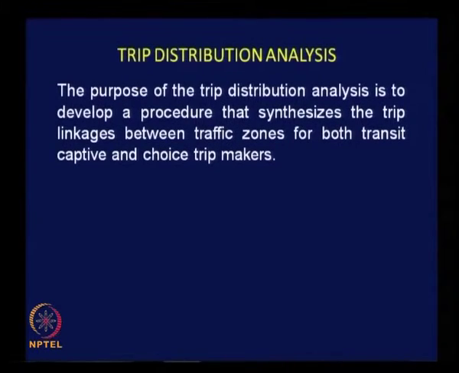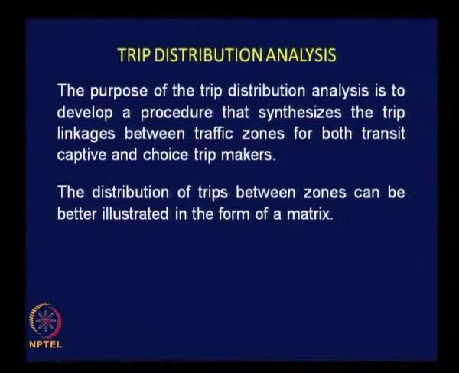And the distribution of trips between zones can be better illustrated in the form of a matrix. Why in the form of a matrix? Because we are going to study distribution of trips from one zone to all the other zones. If there are 100 zones in an urban area, we are going to study how the trips or trip ends at zone 1 are going to get distributed to all the other zones including zone 1.